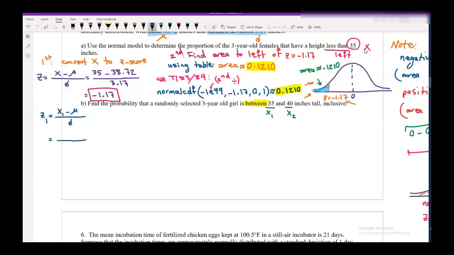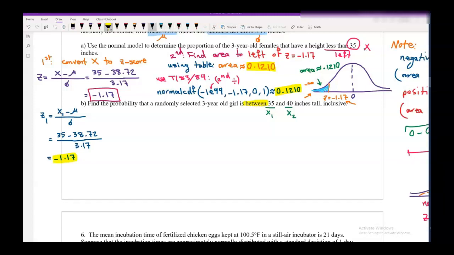It's equal to x1 is 35 minus the mean, given on top as 38.72, divided by the standard deviation, also given as 3.17. I used the same mean and standard deviation as in part A. Since our x is 35 and in part A we had 35, here again we got negative 1.17. So this is our z1.